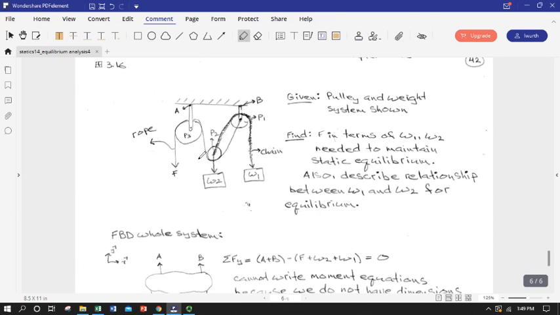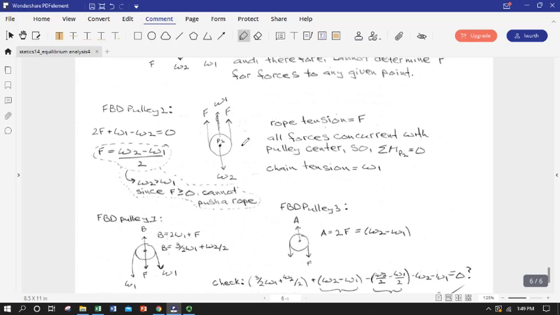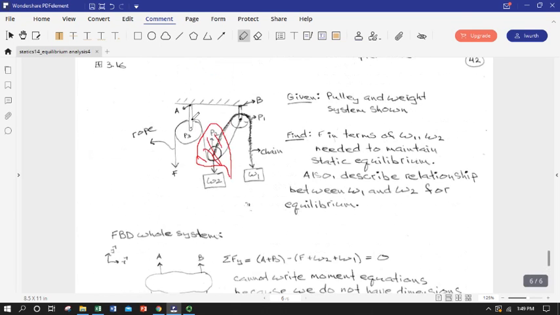So next we're gonna cut apart pulley P2, just pulley P2. We're not gonna include the weight. So just everything in here. Okay. So if we look at P2, we've got a rope twice.